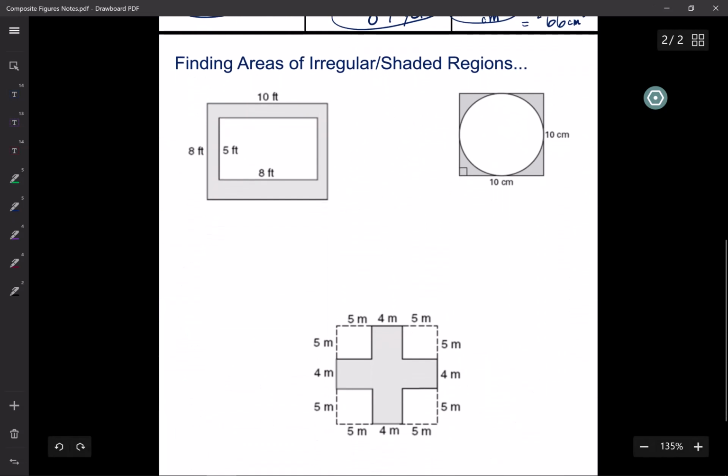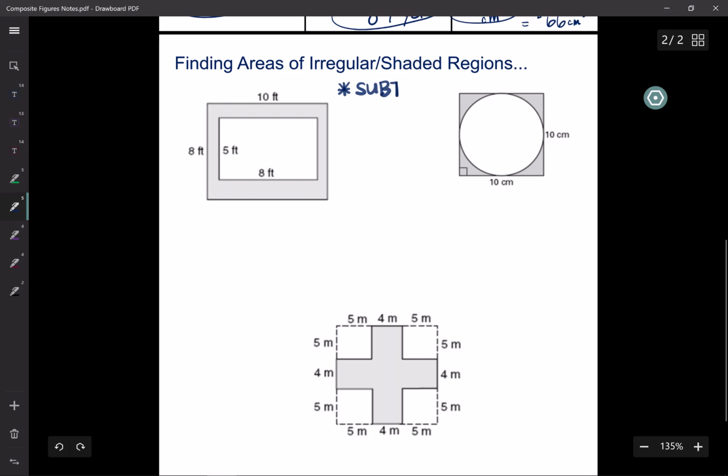Now, with the examples like the one that you see in the bottom, you're pretty much going to do the same thing, but instead of adding, you're going to end up subtracting the area that isn't shaded. Okay, so when it comes to these kinds of problems, the key thing is to subtract.